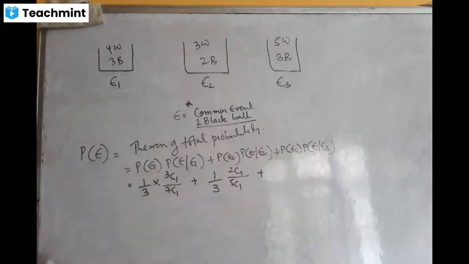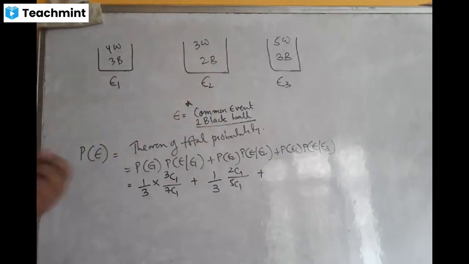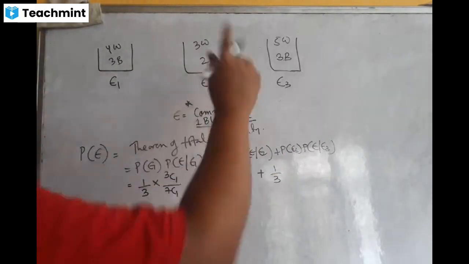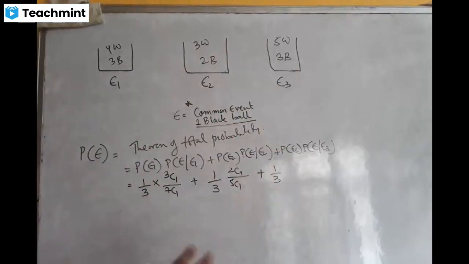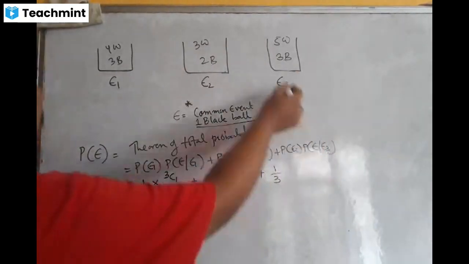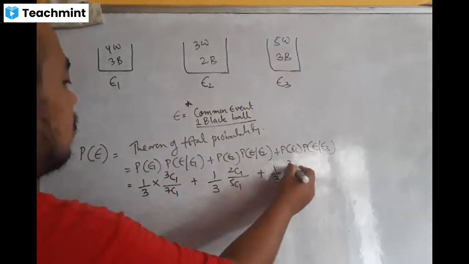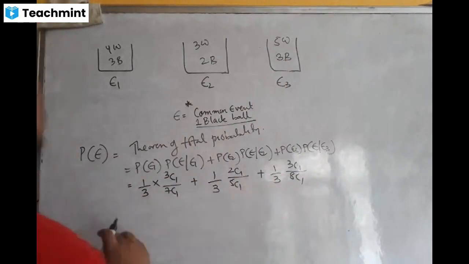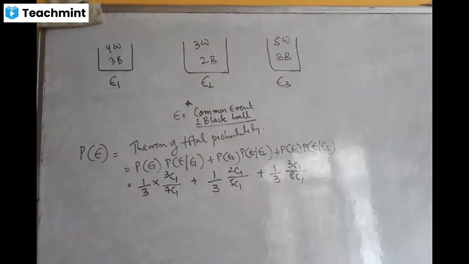Plus probability of E3, meaning the third bag: there are 3 bags and I have to choose the third bag, so 1/3. The probability of choosing one out of three bags is always 1/3, into probability of E given E3, meaning I have to choose one black from here. So 3C1 divided by 8C1.